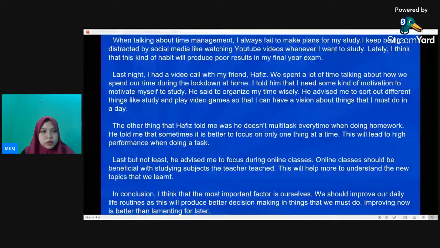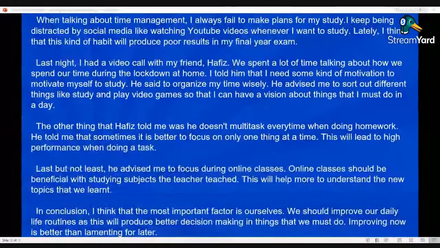This is one of the mistakes that you could have made when writing this particular question. Let's look at the response.